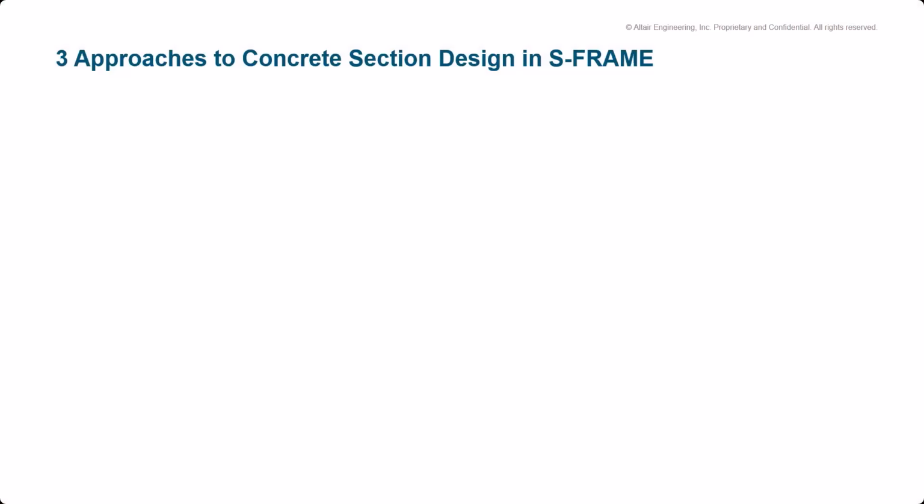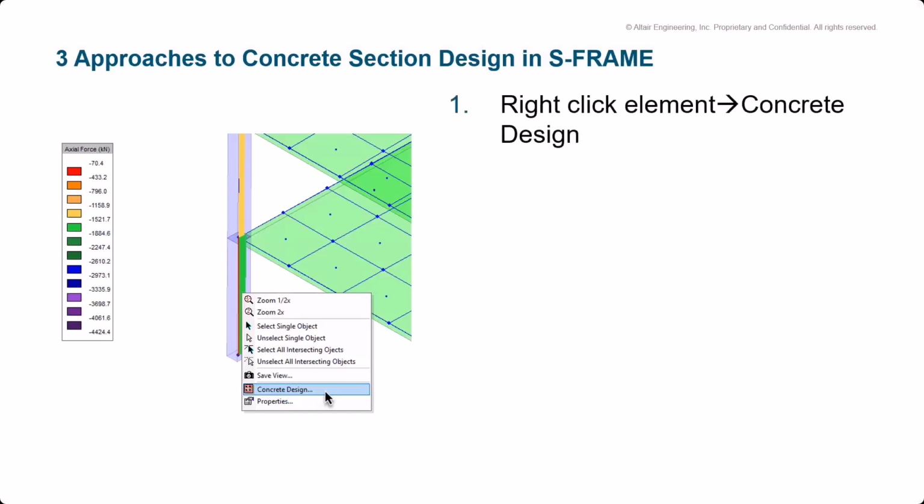The first one: when you have your model and your element, say it is a column, you can go straight to that element and, after running an analysis of course, right click on it, and you will have these options show up for the integrated concrete design option.